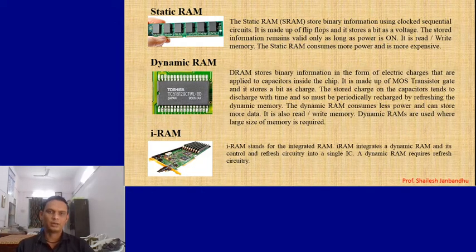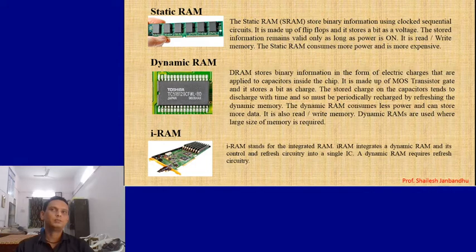The second one is dynamic RAM. It stores the data as charge on a capacitor, which tends to discharge with time, so we must periodically recharge it by refreshing the dynamic memory, just like our mobile phone.